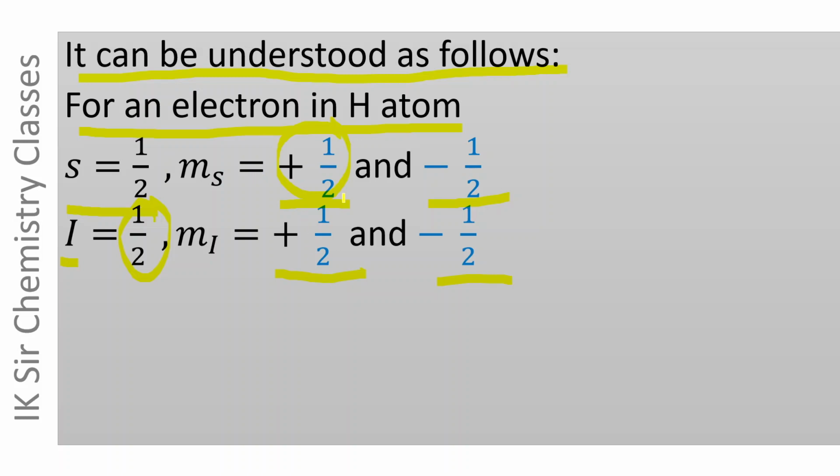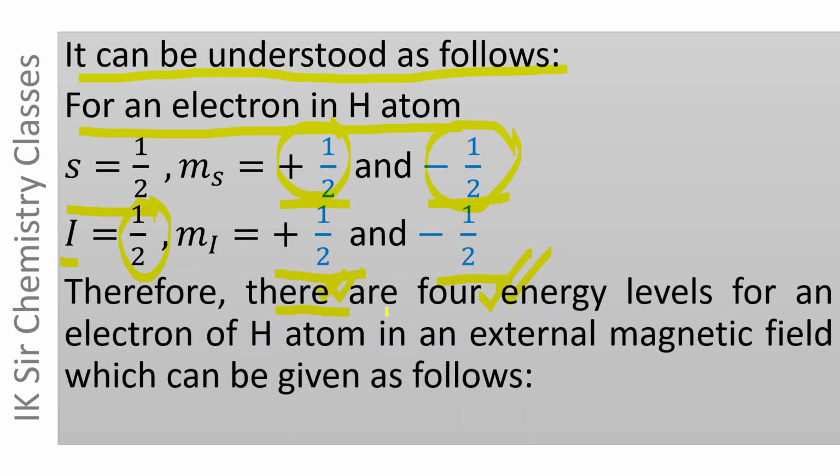If ms is plus half, mI may be plus half or minus half. Similarly, if ms is minus half, mI may be plus half or minus half. Therefore, there are four energy levels for an electron of a hydrogen atom in an external magnetic field of strength B, as discussed below.